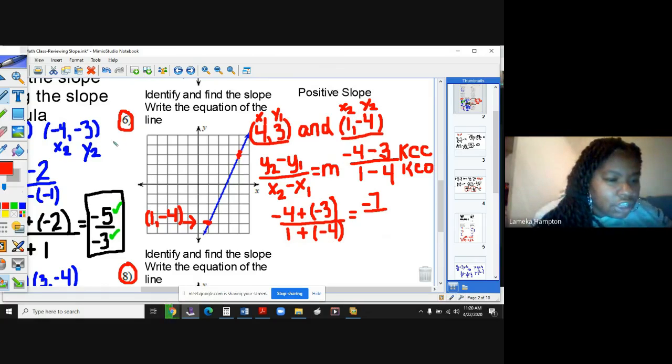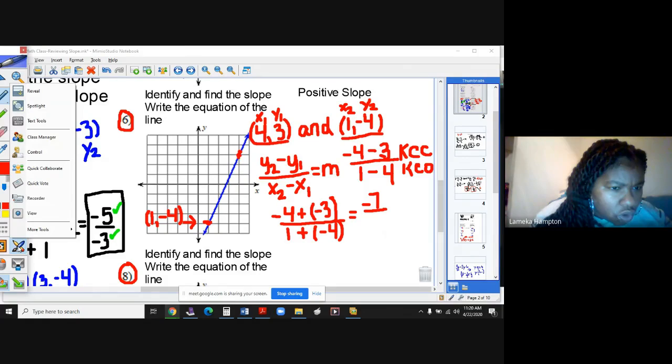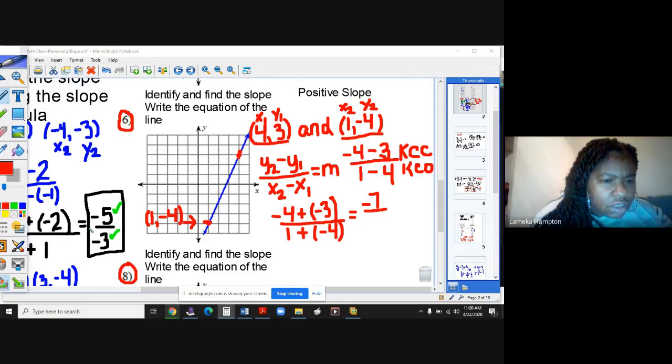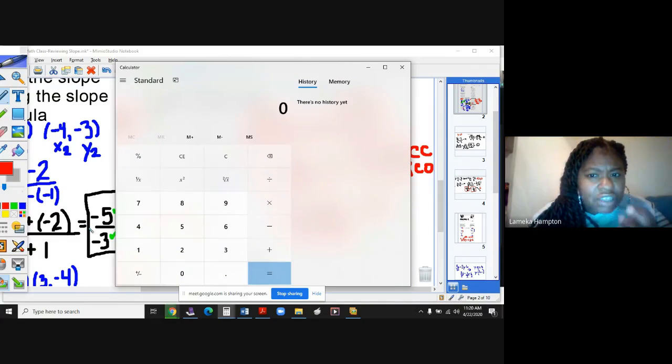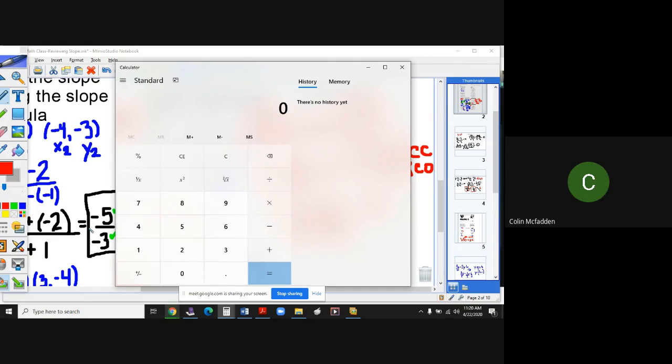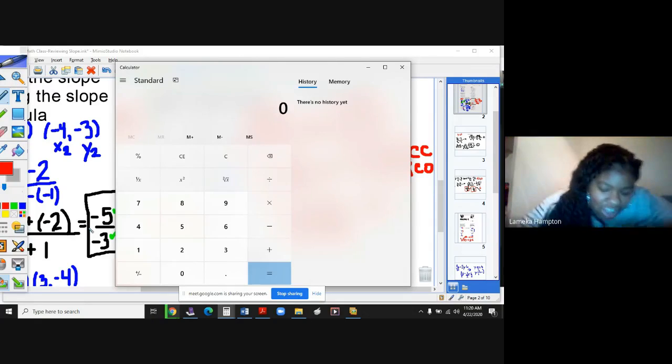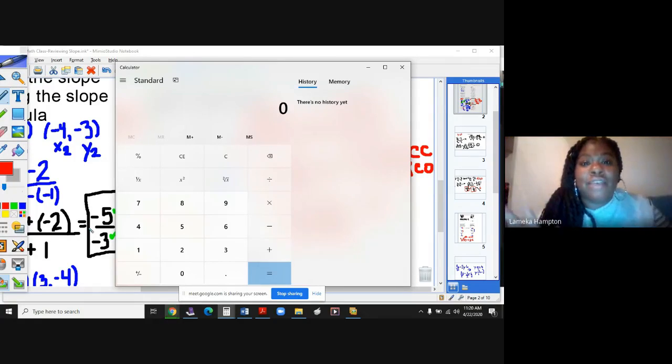I'm going to try it. Negative 3. Can y'all see my calculator? Okay, because I was having issues. Now y'all can see it.